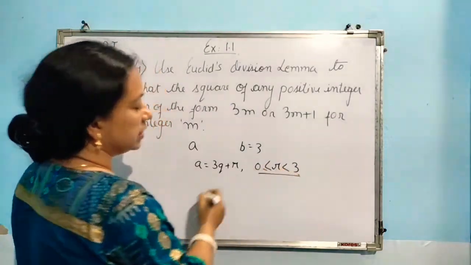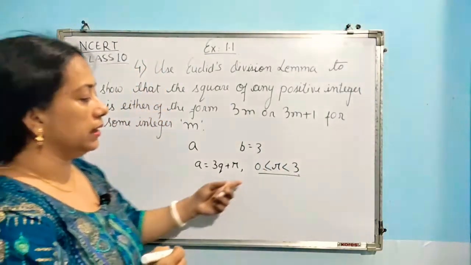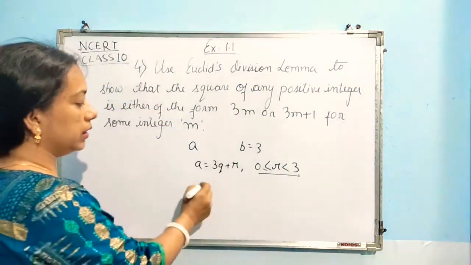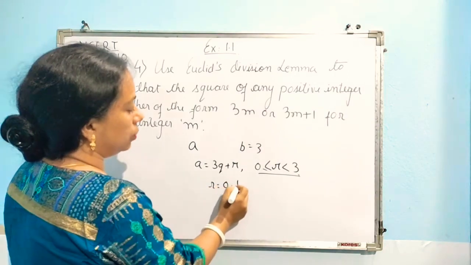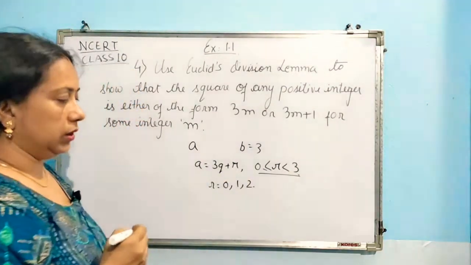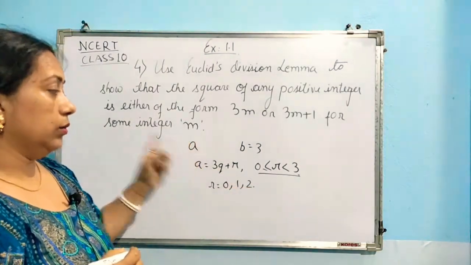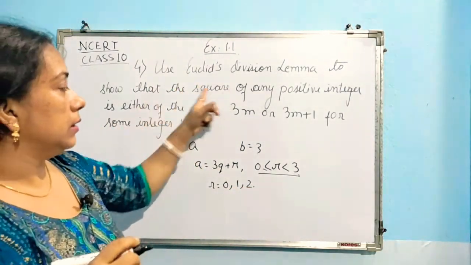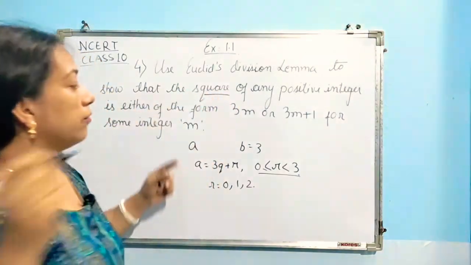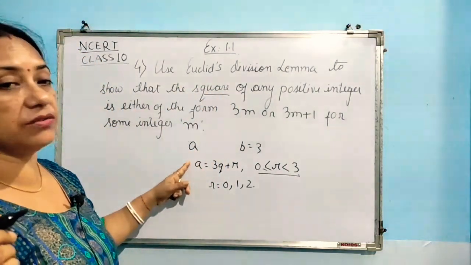Now from here itself it is clear that we can have only 3 values of r. What are they? 0, 1 and 2. Now we have to go for 3 different cases. Now there is one trick here. They have not asked about the positive integer only.